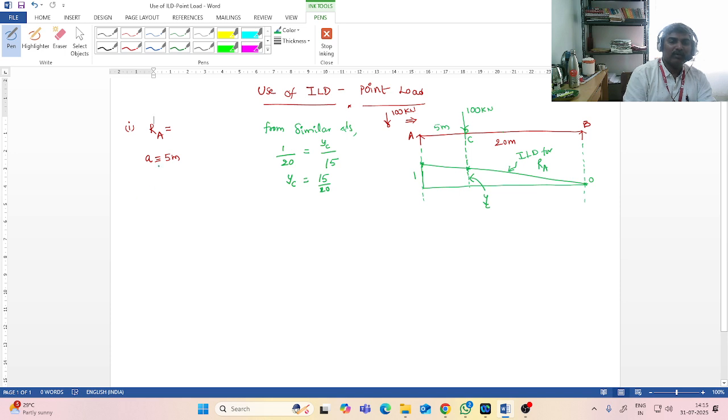Now the function value, the RA value, when you have a point load, is simply the load value multiplied by the ordinate of the ILD under the point load.